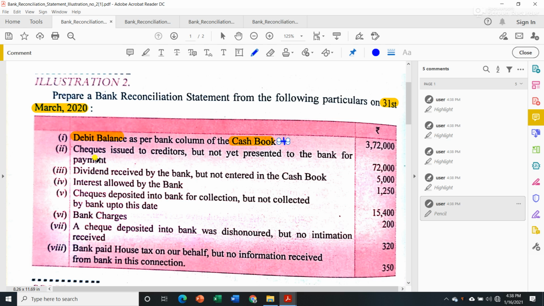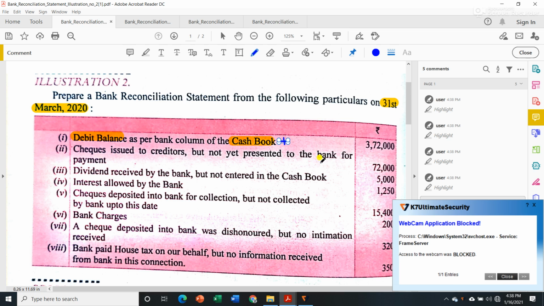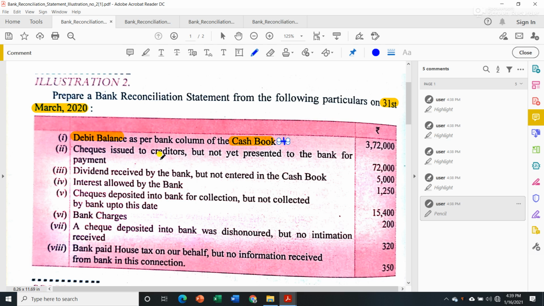Okay, then next is checks issued to creditors but not yet presented to the bank for payment. That means we have already issued a check of rupees 72,000 to our creditors and we recorded that in our cash book, that we have made payment, but the creditors haven't presented it to the bank and money was not actually withdrawn from our bank account.